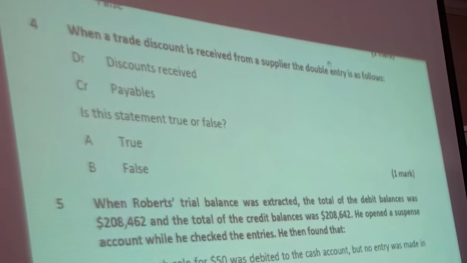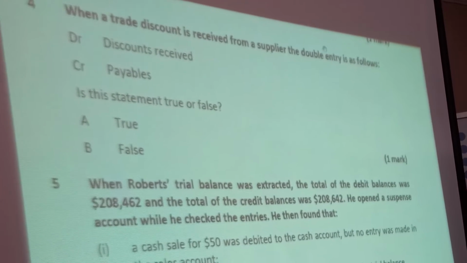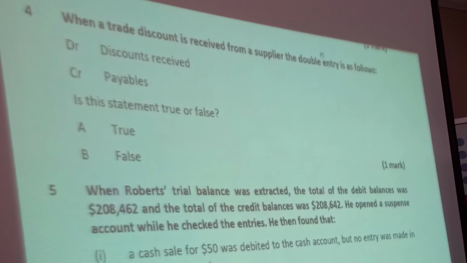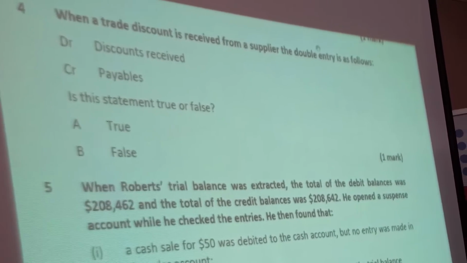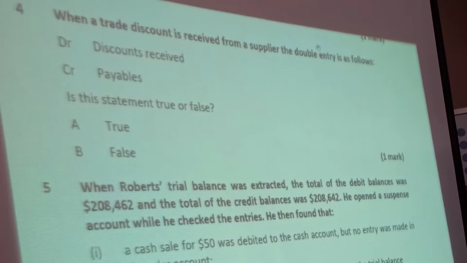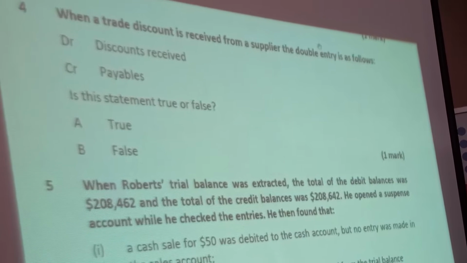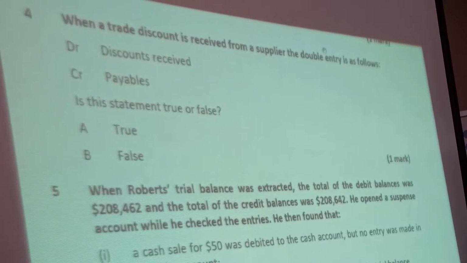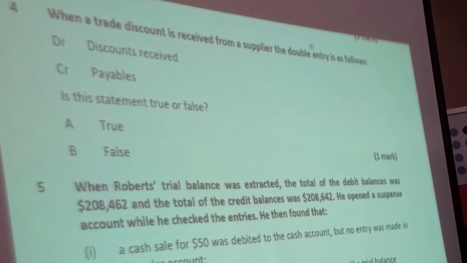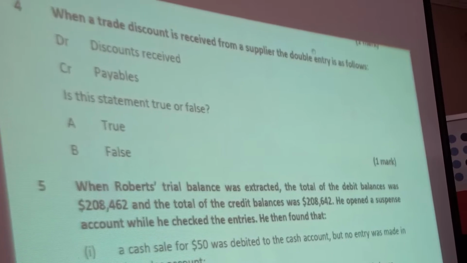Right. When a trade discount is received from a supplier, the double entry is as follows. Discount received, debit. Payables, credit. Anyone to try on this one?